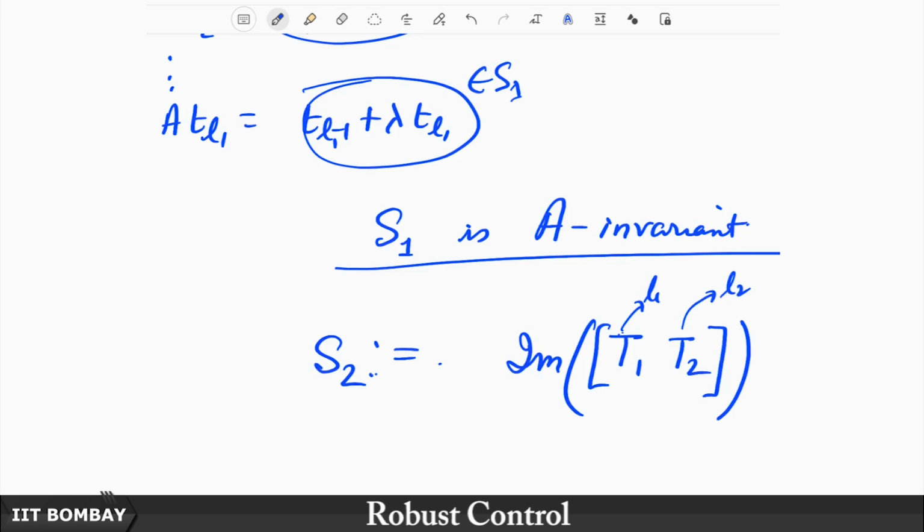You have to remember that you are omitting T2, so you are taking the image of T1 and T3, and any vector that belongs to this is also A invariant, right.